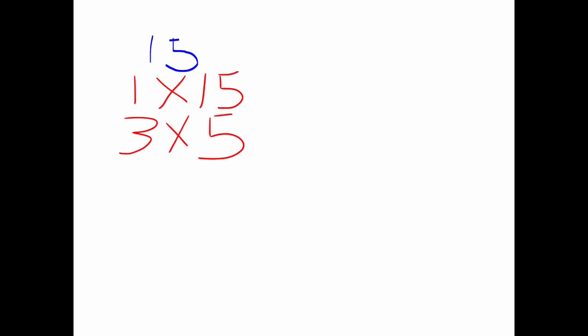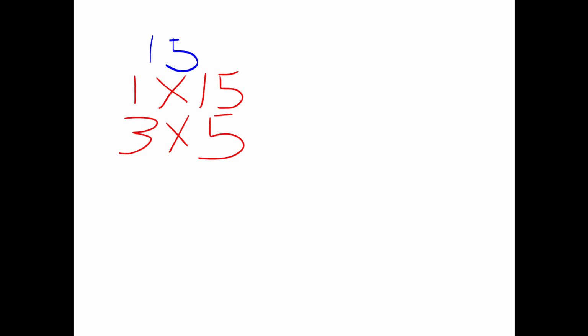So we have to find the factors of 15. So start by expressing 15. We'll be having 1 multiplied by 15, right? Very good. We also have what? 3 multiplied by 5, right?